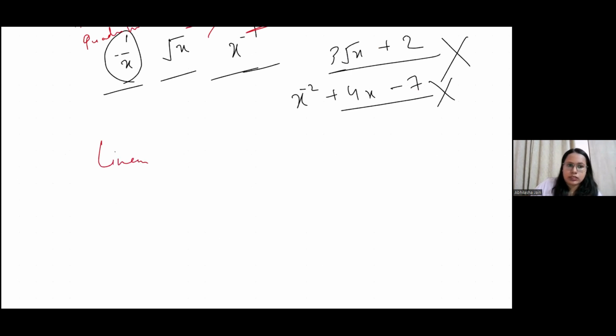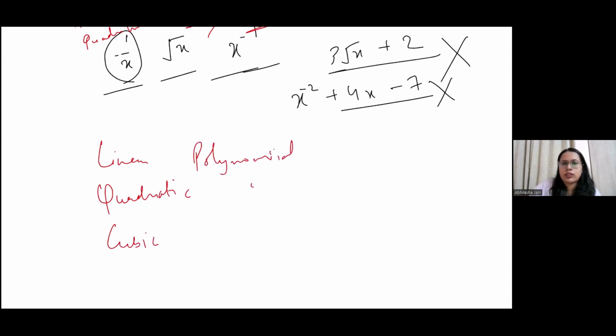Linear, quadratic, and cubic. Okay. So linear is nothing but with highest power as 1. Quadratic has highest power as 2.